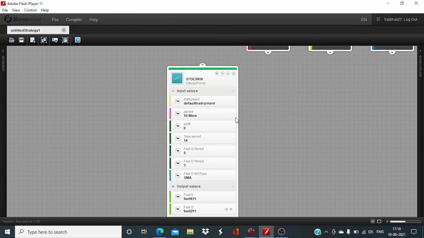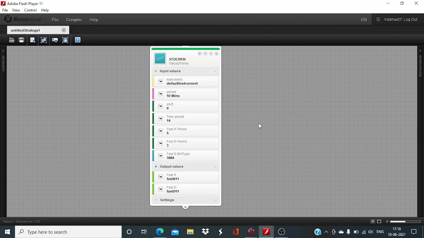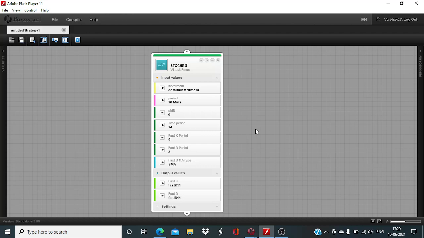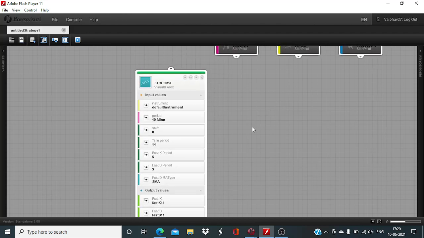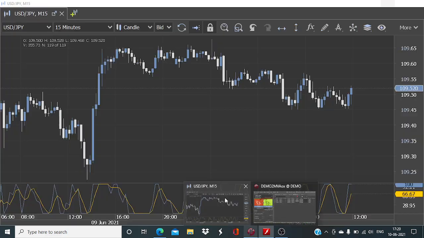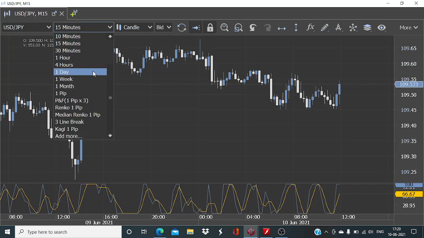All I will change is going to be revolving around this candle period, and the shift is the look back period, and depending on that combination, we will have these two output values, the fast K and fast D, and using this we will decide when to go for the trade, whether to go for a long trade or whether to go for a short sell trade. So let us now head to the JForex platform, where I will explain to you the logic behind this algorithm.